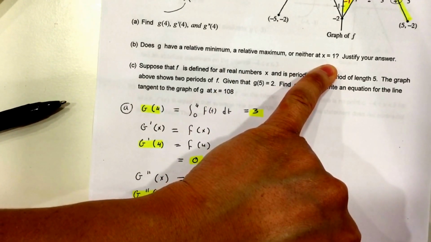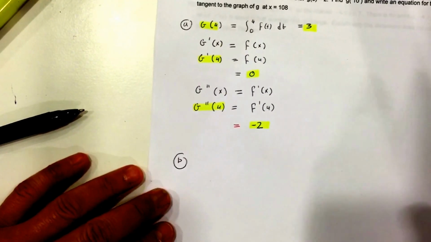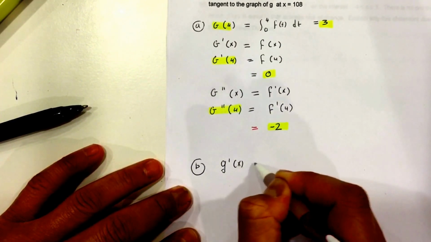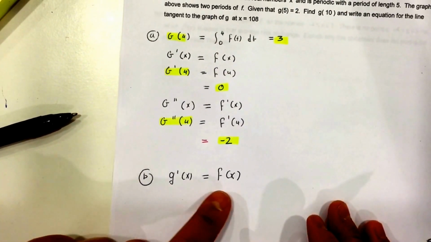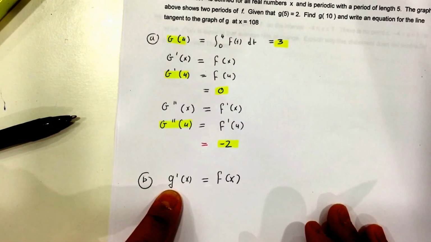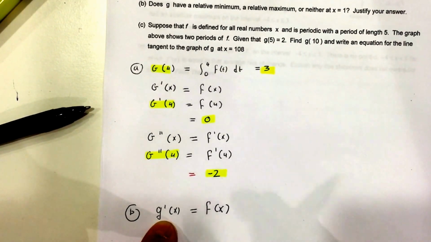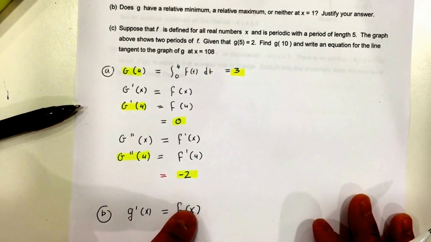So let's first check and see if 1 is a critical point. So we know that g prime is equal to f. So this is the first derivative of g, and the first derivative of g is used to find the critical point. So what this says is that the first derivative of g is the graph of f.